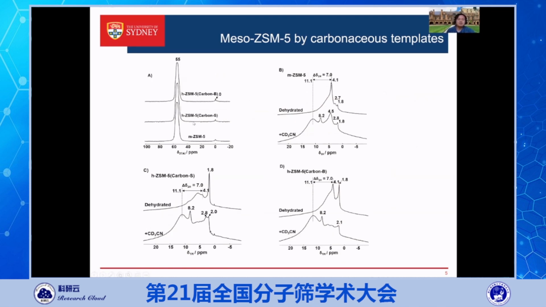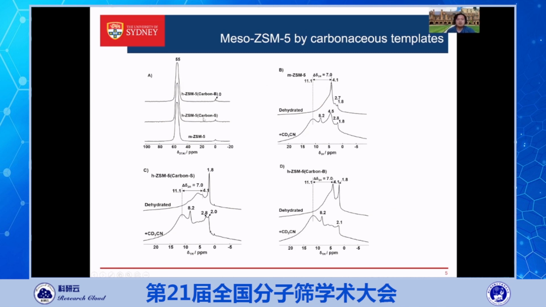From the NMR investigation, we are able to see how their local structure changes if we introduce this type of hard template, of different sizes. This is a classic microporous ZSM5. We can find it has only a small amount of 6-coordinated aluminum, and the majority of the aluminum species are 4-coordinated in the framework, which contribute to the Brønsted acid sites required by ZSM5 for reaction.